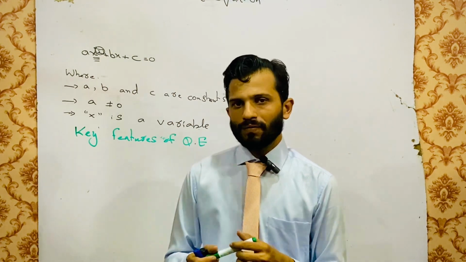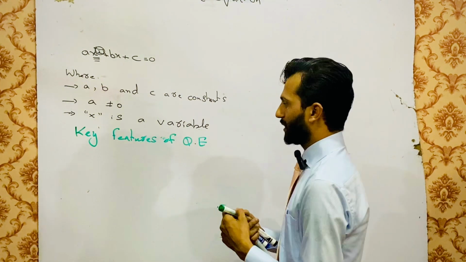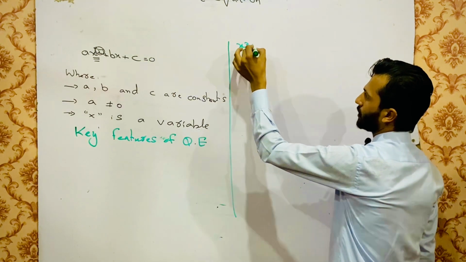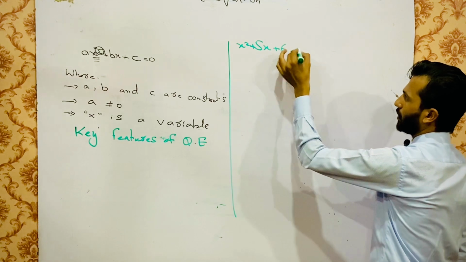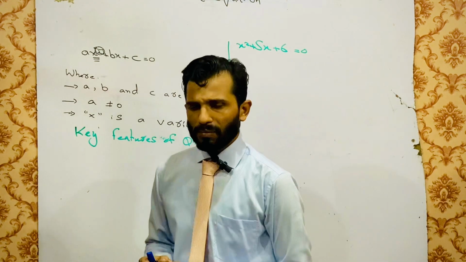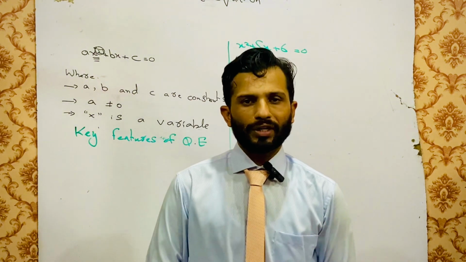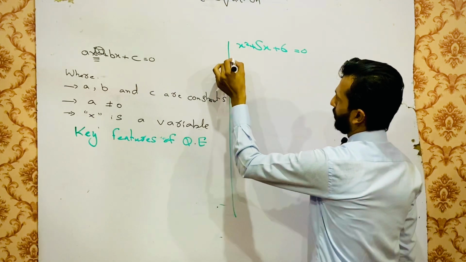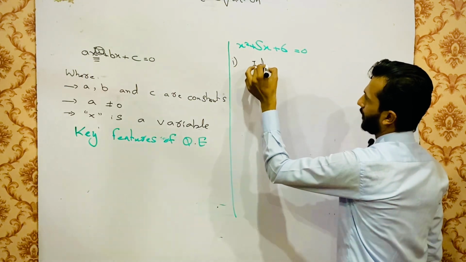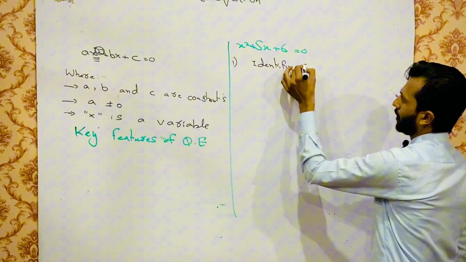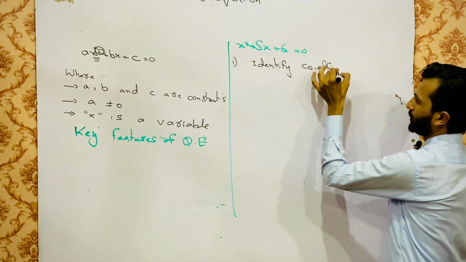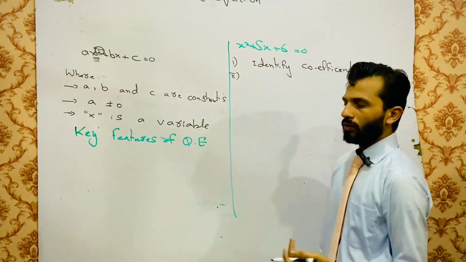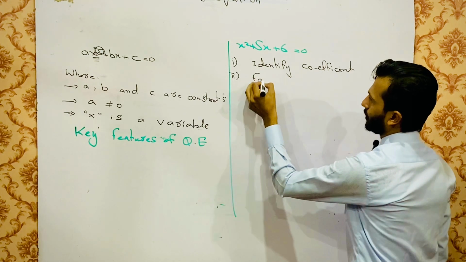Now I will solve a quadratic equation using the factorization method. Here is the quadratic equation: x square plus 5x plus 6 is equal to 0. Before solving, there are some rules for solving a quadratic equation using factorization. First of all, identify coefficients. Number 2, factors of the quadratic equation.